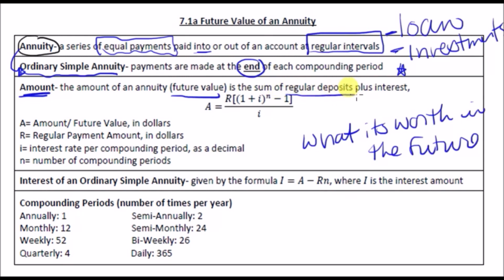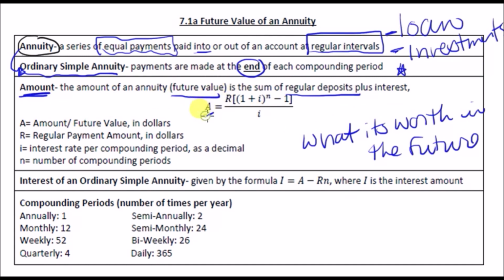What this means is that when you put in, say, $100 weekly, at the end of this week you put in $100. That's going to collect interest right away. Next week you put in $100, which collects interest starting next week. The following week, $100 won't have the first two weeks of interest, but will have the interest afterwards. So it's the regular deposit, whatever you put in, plus the interest that amount gains.